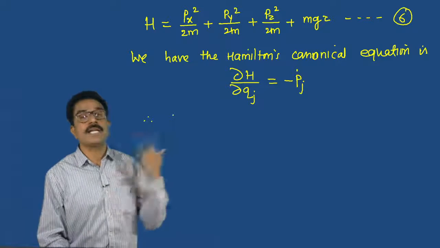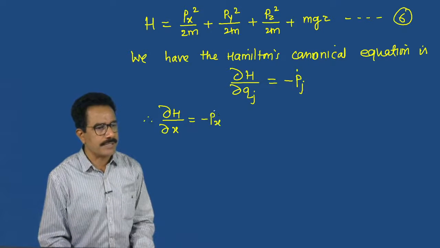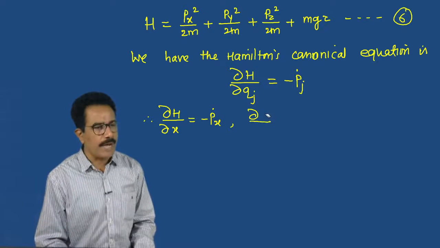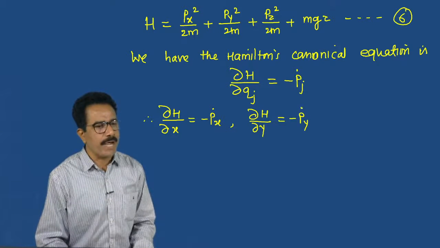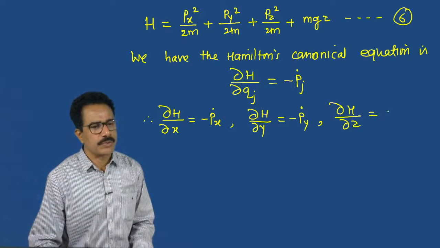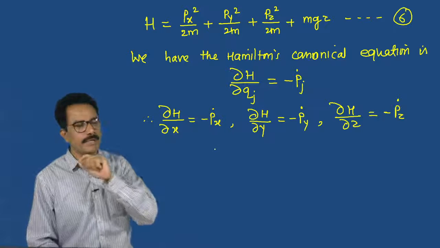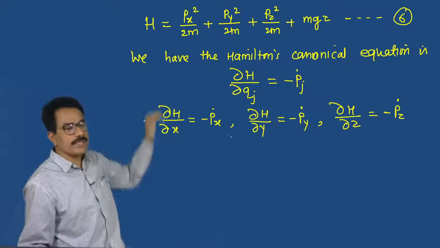But there are 3 generalized coordinates, so dou H by dou x equals minus px dot, dou H by dou y equals minus py dot, dou H by dou z equals minus pz dot. Is it okay? Do you understand? Suraj Salunke, you should not join so late. Now dou H by dou x, now from equation 6.